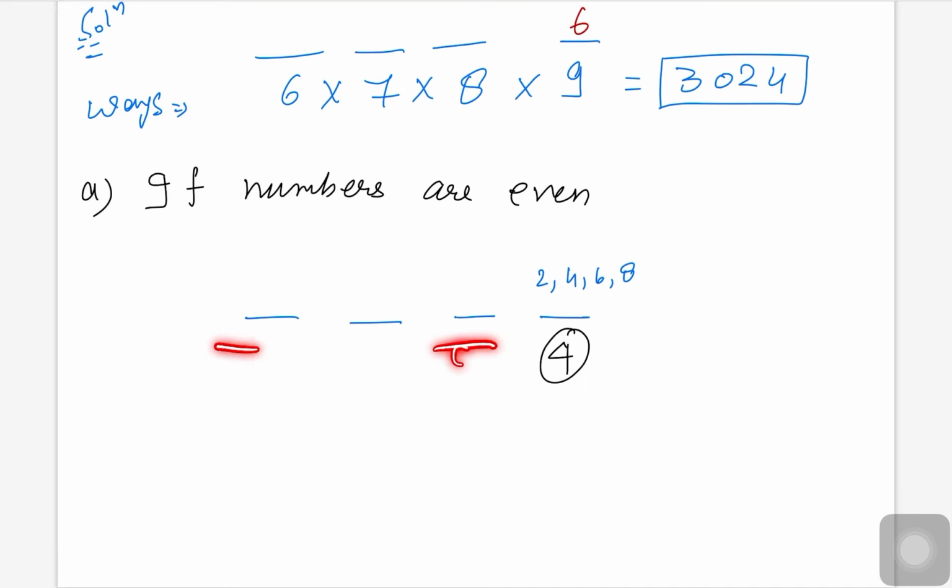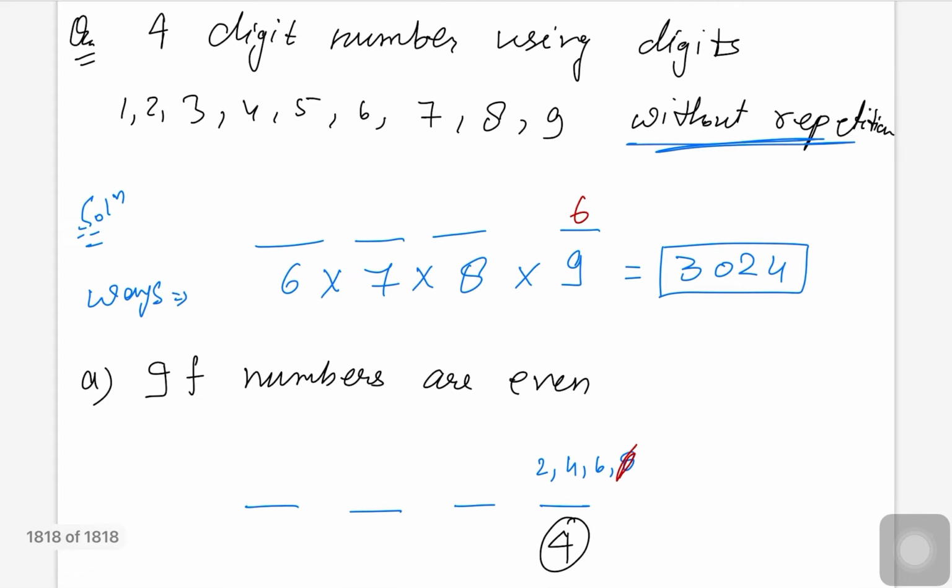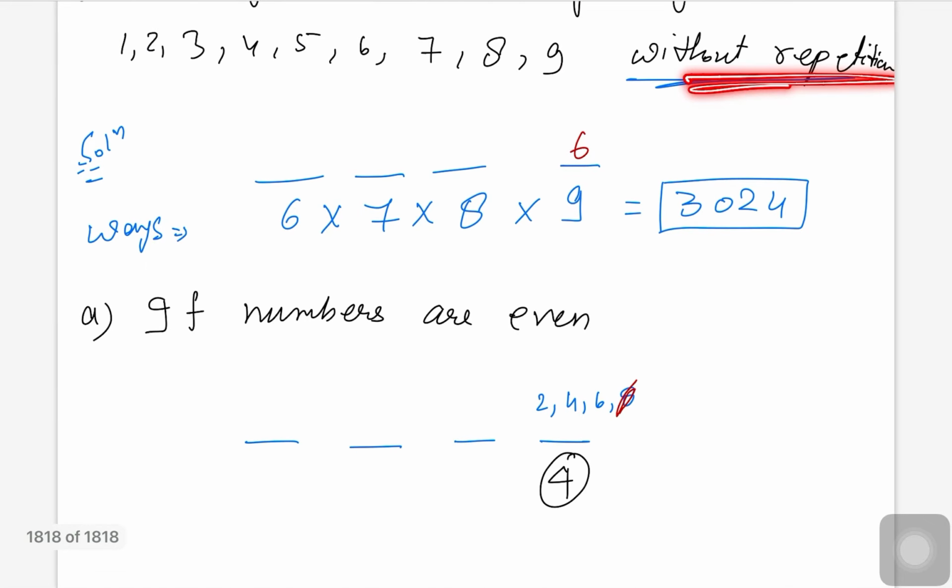Now you have satisfied the condition. Now you can move from here or here, anywhere. Let us assume you have put 8 here. So now I cannot use 8 again. Why? Because I am saying without repetition. So 8 is removed. Now how many options are there for this place? Apart from 8, all options are there, means 1, 2, 3, 4, 5, 6, 7, 8. Total 8 options for this place.